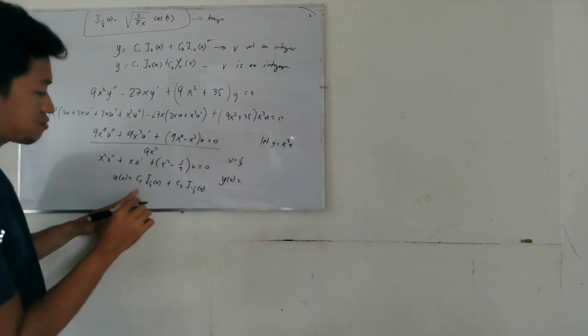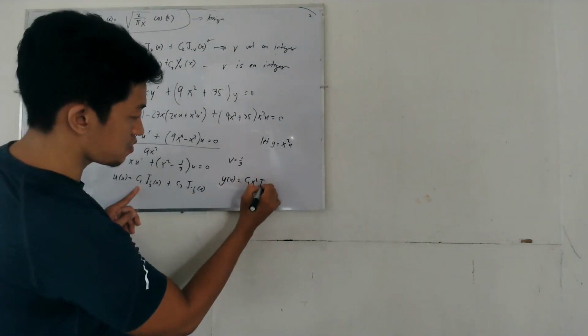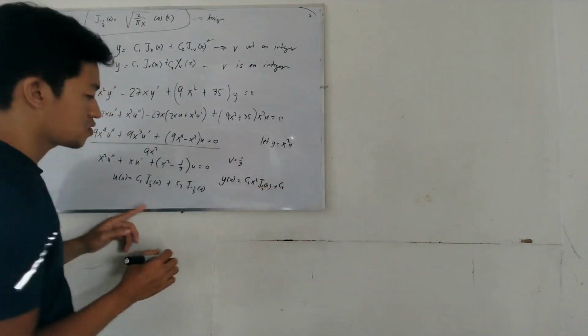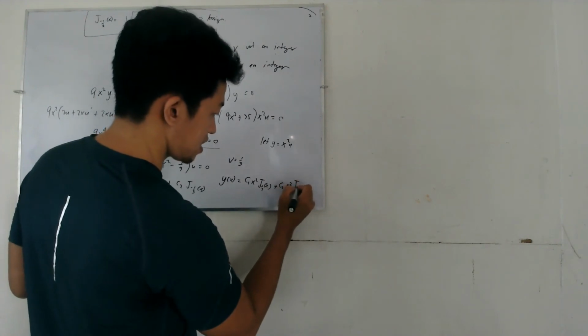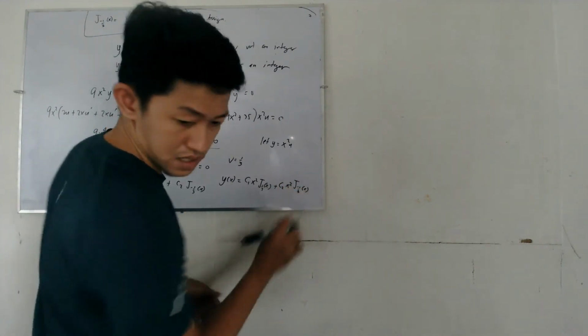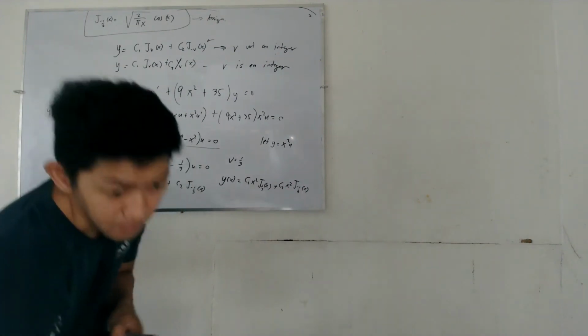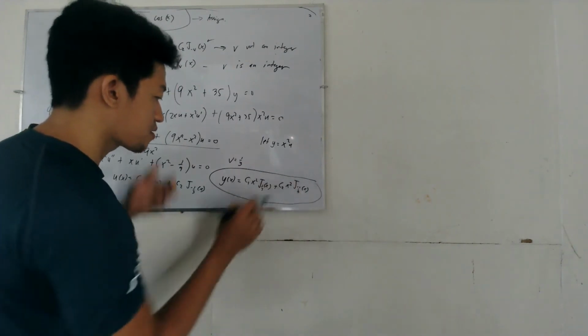Multiplyan na ito x squared. So, may muning c1 x squared J 1/3 x plus c2 x squared J negative 1/3 of x. Okay? Okay. Muna na mo ang solution.